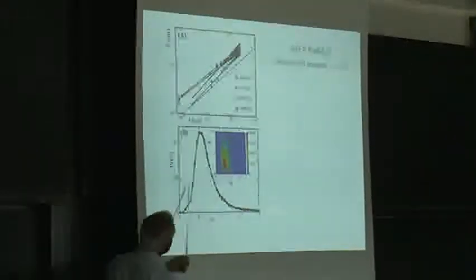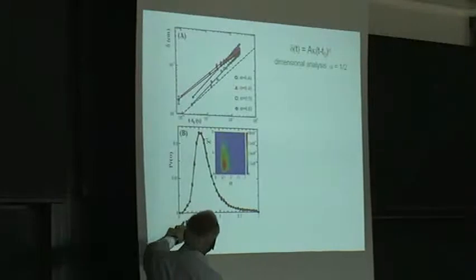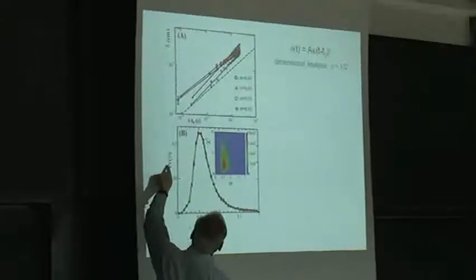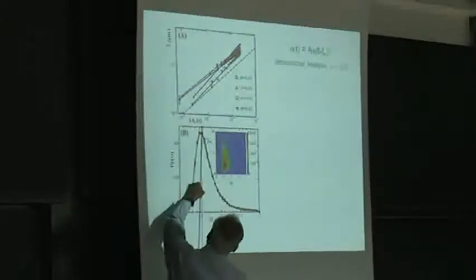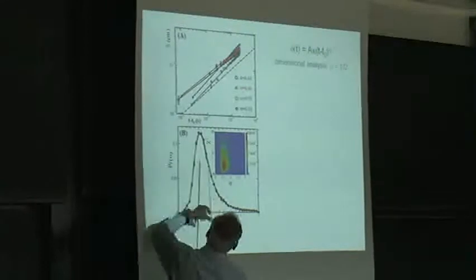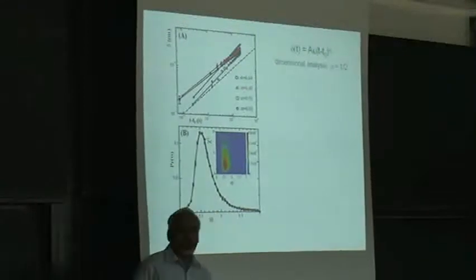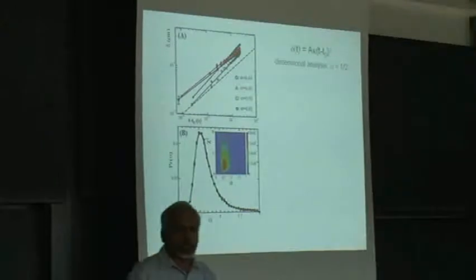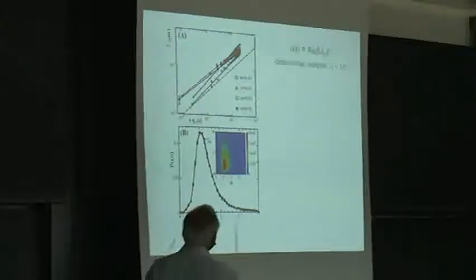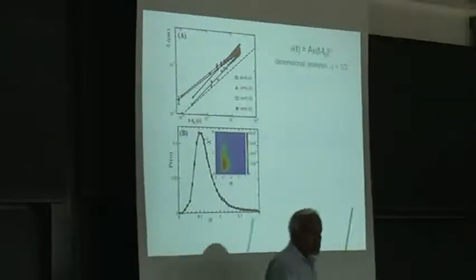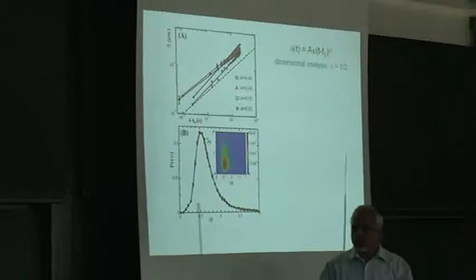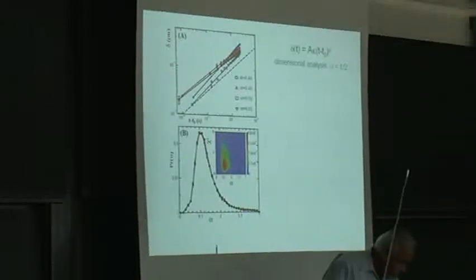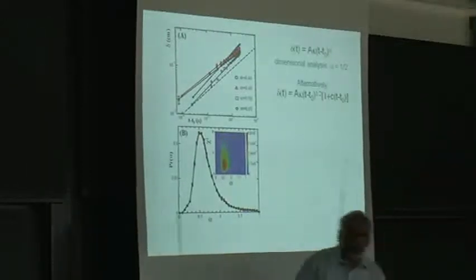In fact, here is the histogram of these exponents, alpha on this axis and probability of alpha on this axis, with the most probable value around half, but then it has a number of other values as well. Whether these values are really telling us something different from what dimensional analysis will tell us, or whether you can redo this in a certain fashion to account for half, is another matter.